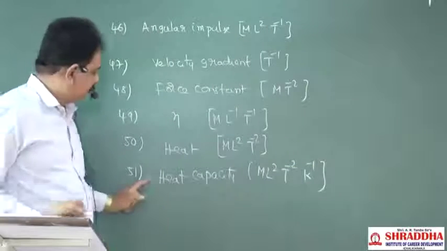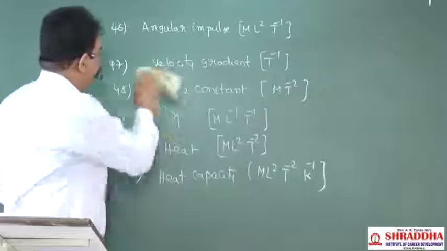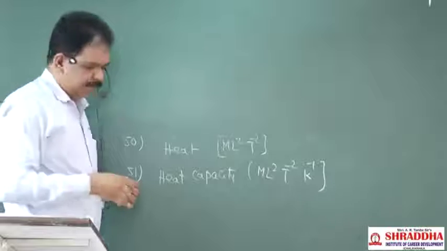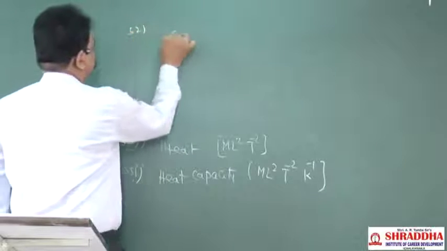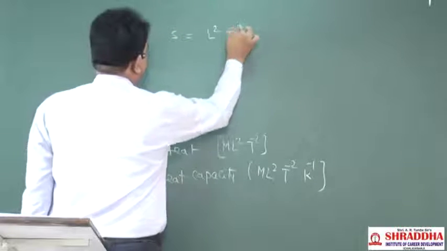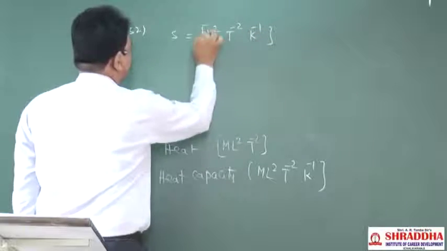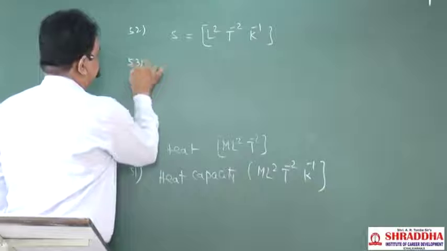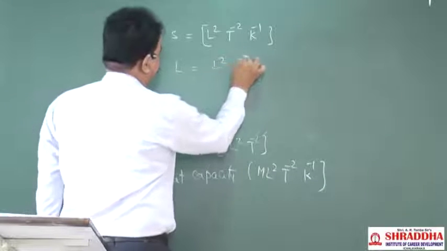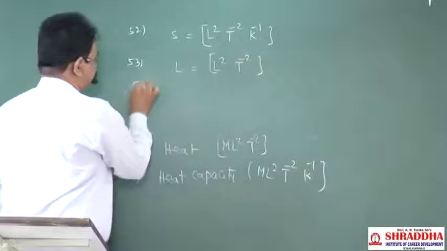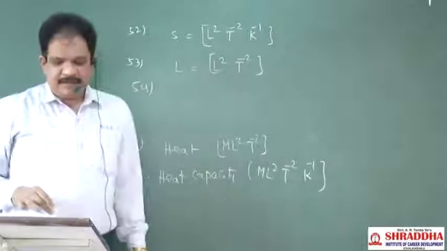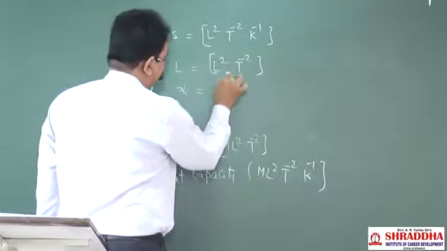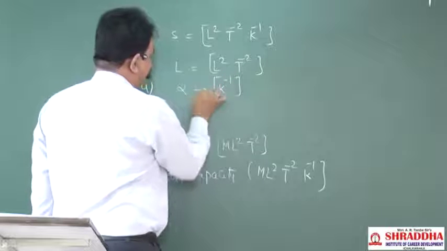Next, specific heat: L square T power minus 2 K power minus 1. Next, latent heat: L square T power minus 2. Next, coefficient of thermal expansion: K power minus 1. These are the dimensional formulas.